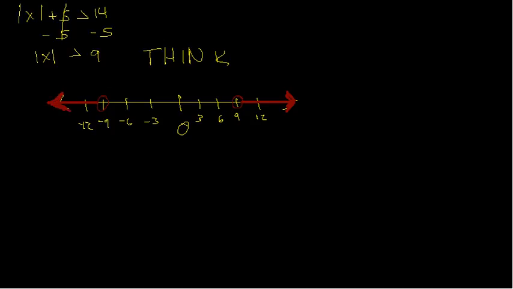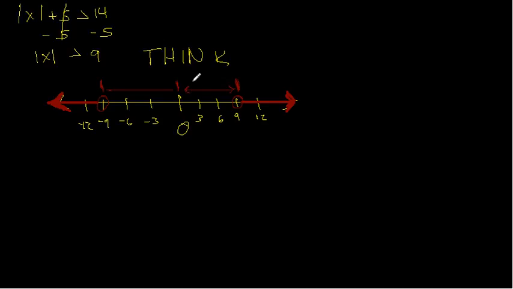But let me draw up one more portion to this graph so you can see what I'm talking about. Think of x as wherever x is on this number line in reference to 0, the distance has got to be greater than 9 units.